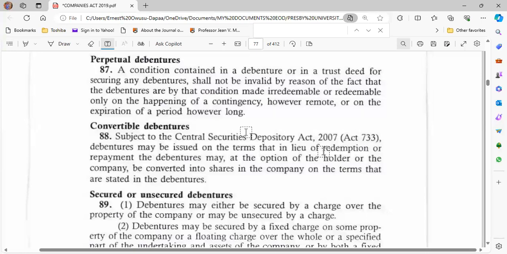Convertible debentures, as we have noted, convertible comes from the word conversion. You can change from being a debenture holder to a shareholder. So that is the point.